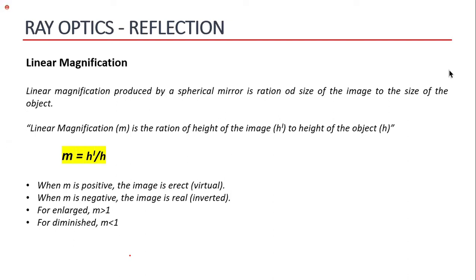Now, what do I mean by linear magnification? Linear magnification is the ratio of the height of the image divided by the height of the object.